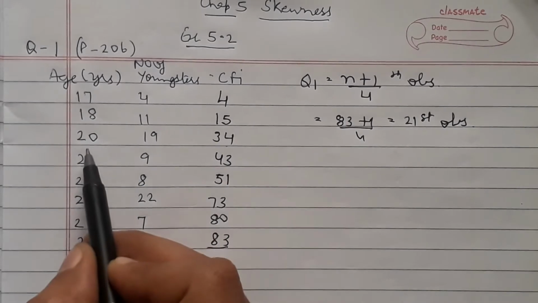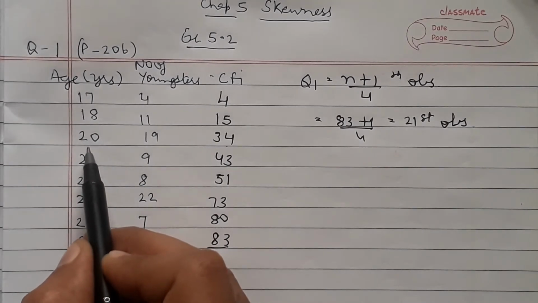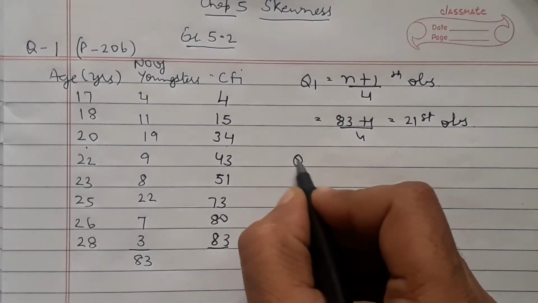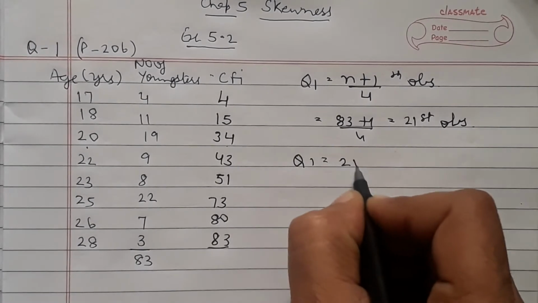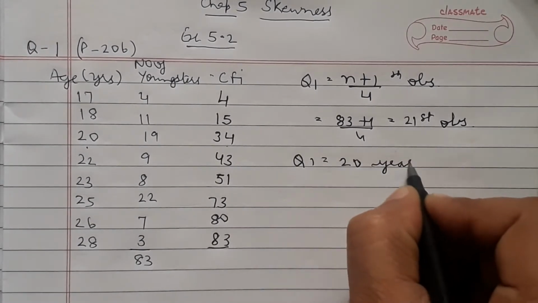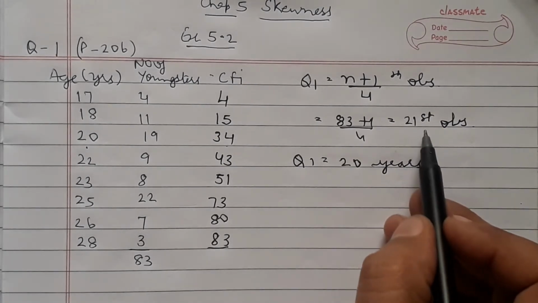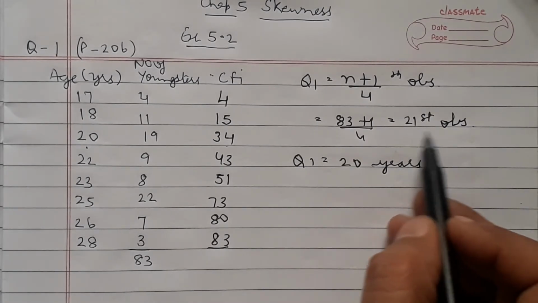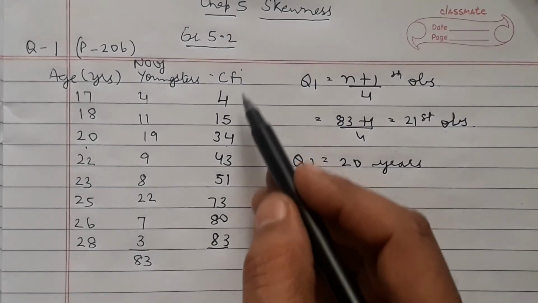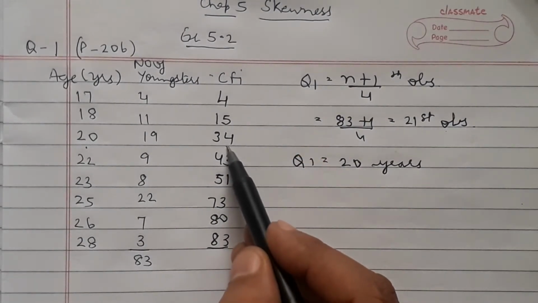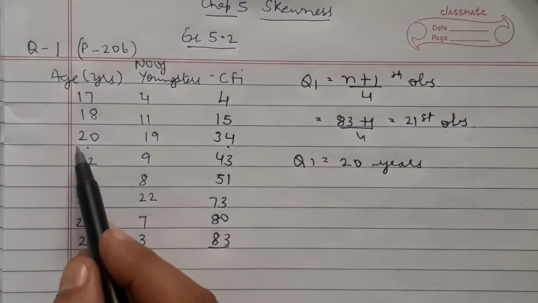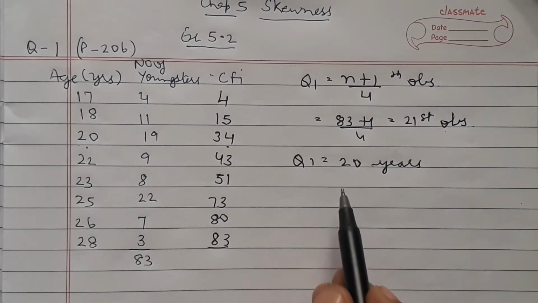So the value for Q1 will be the X value, that is age in years, 20. Q1 is equal to 20 years. Whatever Q1 value we have got, that is the 21st observation, we find in the CF 34. Opposite to that X value, that is 20 years, is the value for Q1. This we already learned in the last chapter.